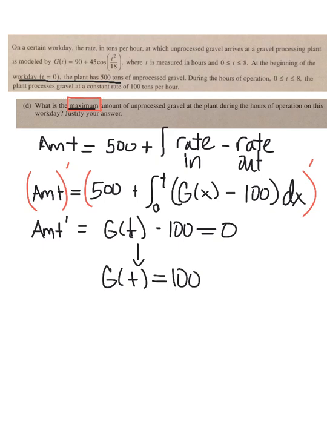Well, you have a calculator. We did this in part C. Your g of t picture kind of looks like this. Oops, I don't know that it actually goes down like that, so let me undo that. Actually, I'll just go like this. So this is my g of t, and I want to see where it equals 100.